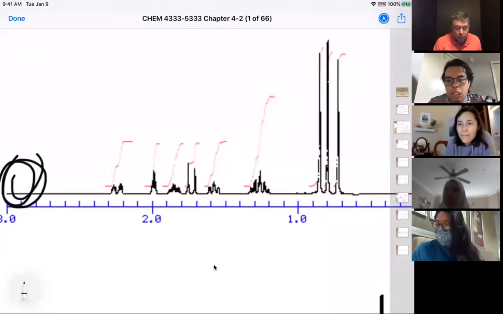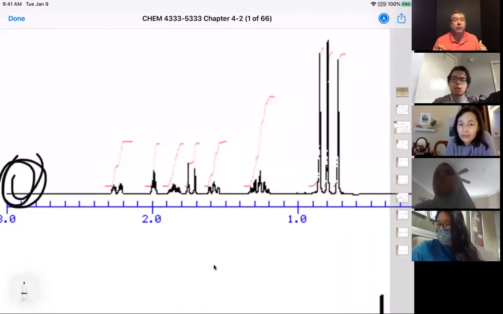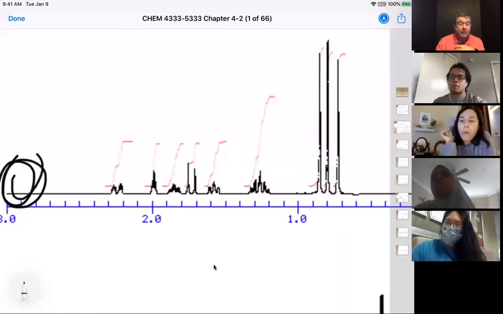We don't know which of these peaks here might be our solvent peak, so that's kind of weird as well. We probably don't have any double bonds.